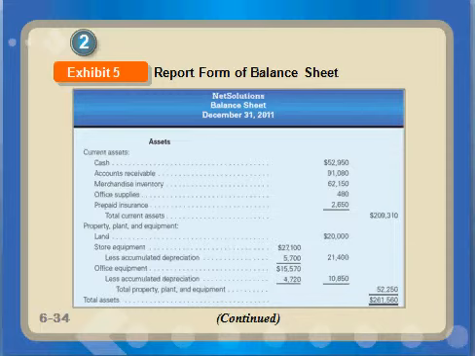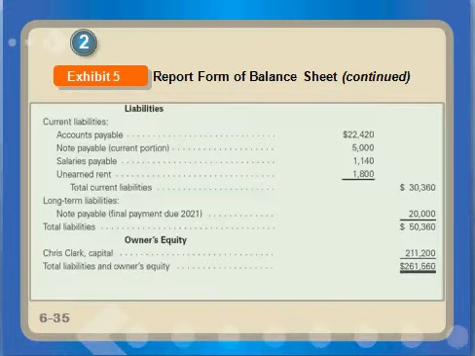And then we add our property, plant, and equipment, which is our land, our buildings, our equipment, less the depreciation associated with those items, giving us the total property, plant, and equipment. And we add that together and get total assets of $261,560.